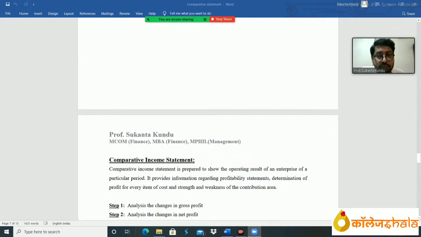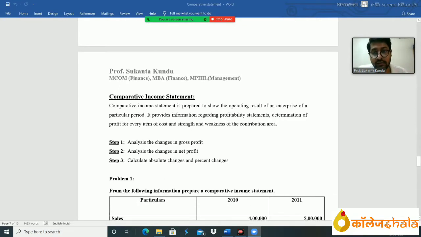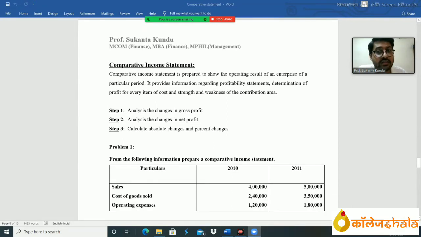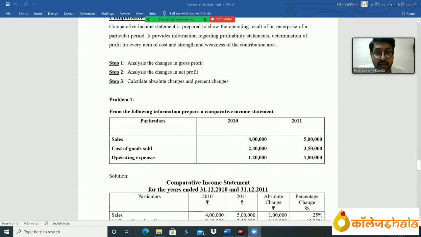Now coming to the second type, that is comparative income statement. In case of comparative income statement, you have to follow these 3 steps, and let me show you the problem. This is the problem, particulars 2010 and 2011. The value of sales, cost of goods sold and operating expenses are given here.